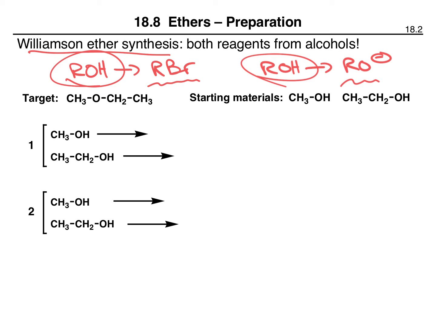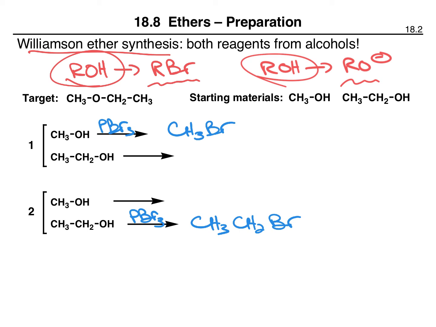So here, for example, we are looking at methanol and ethanol. Our first option is that methanol can be treated with PBr3 and converted to methyl bromide. In our second option, let's say that ethanol is treated with PBr3 and converted to ethyl bromide.